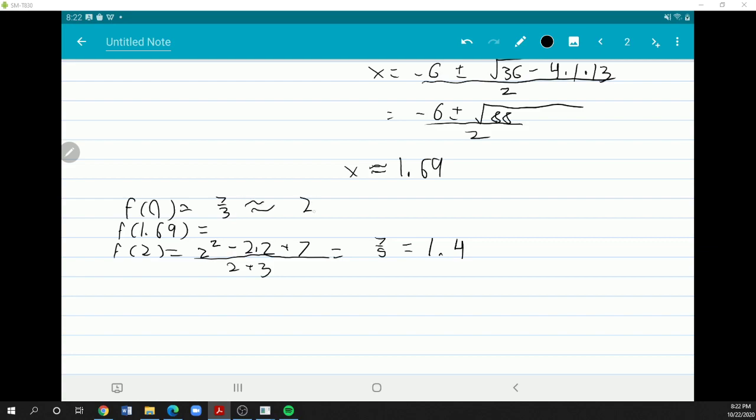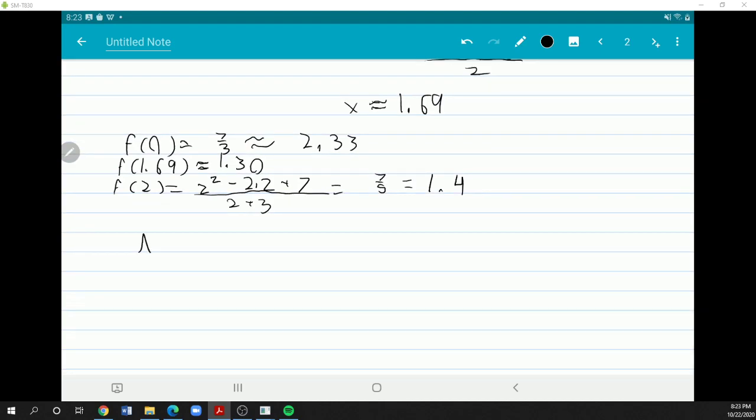And if I plug 1.69 into it here, I just have to use a calculator. 1.69 squared minus 2 times 1.69 plus 7 over 1.69 plus 3 is, again, roughly 1.30.